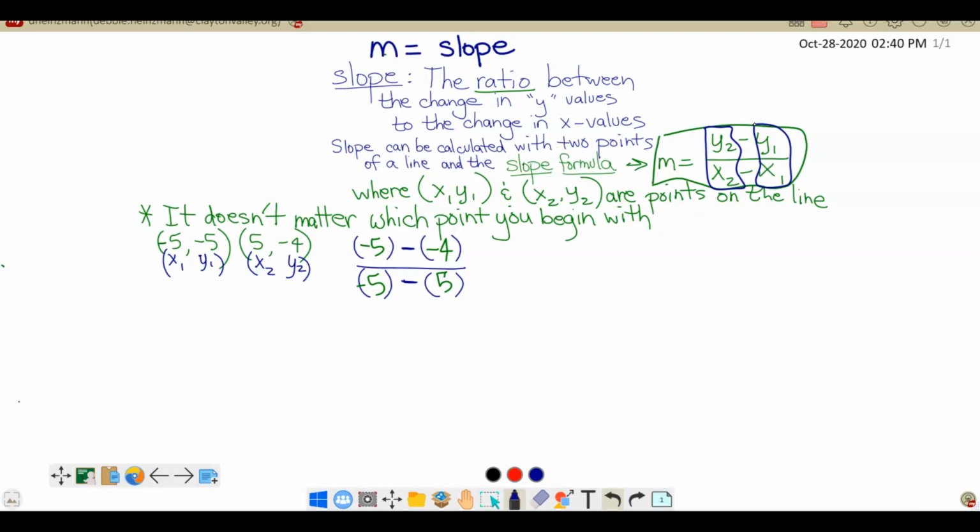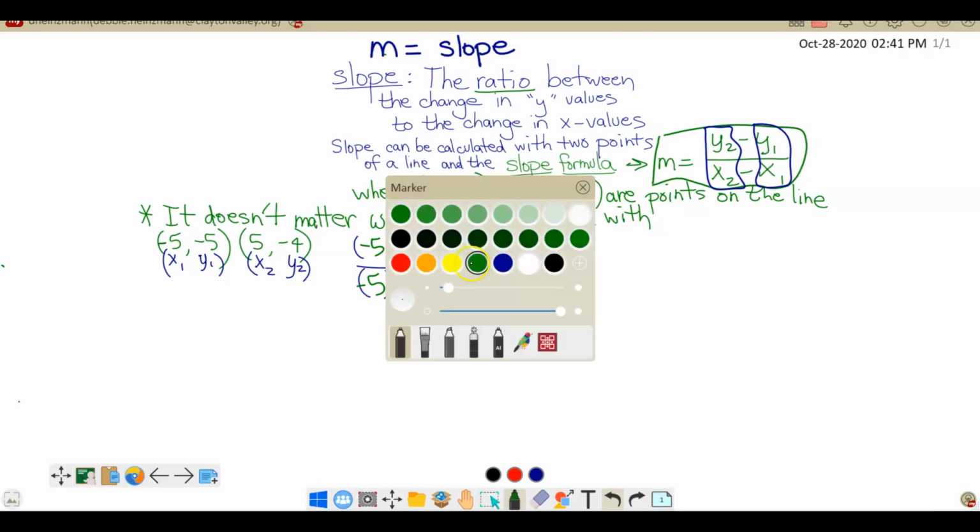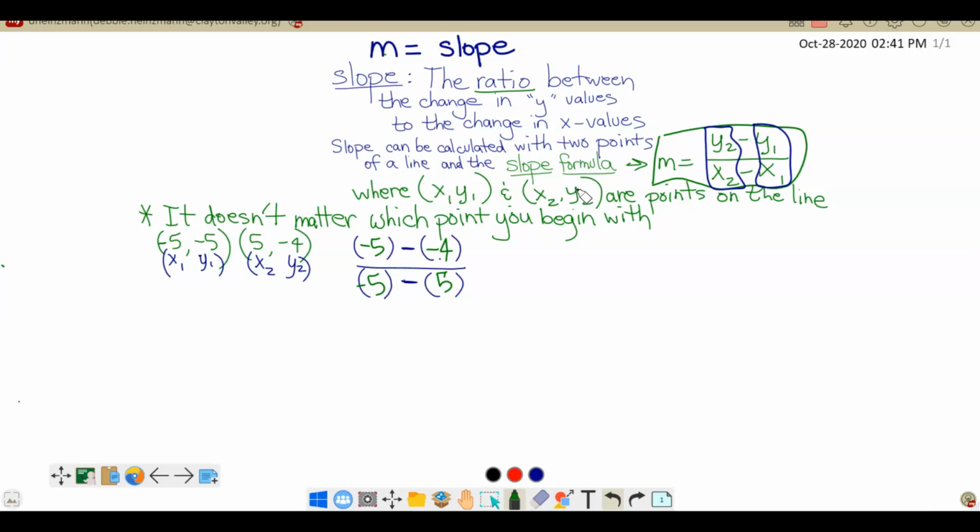So let's see what we've done here. -5 is my y1. My y2 is -4, so I input -4. My x1 is -5, and my x2 is +5.